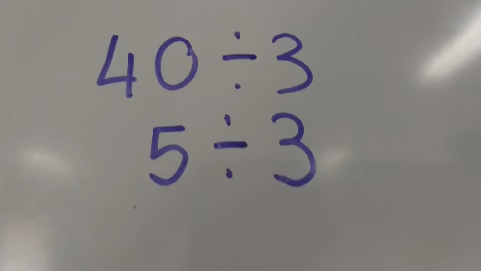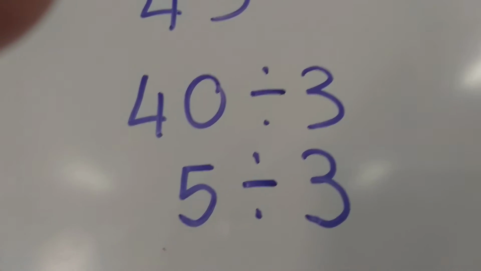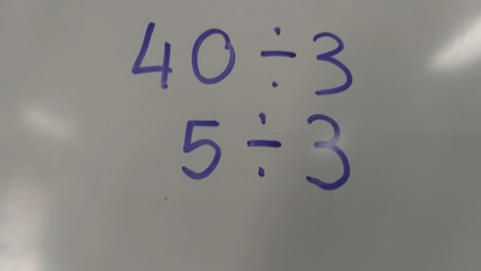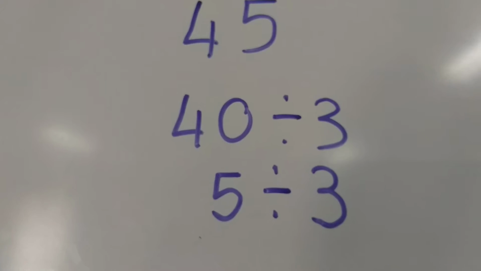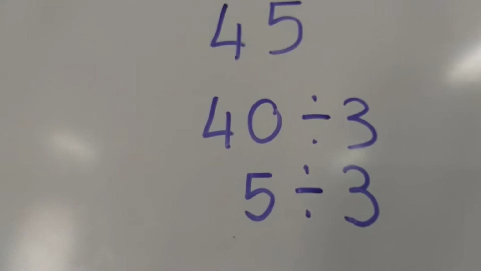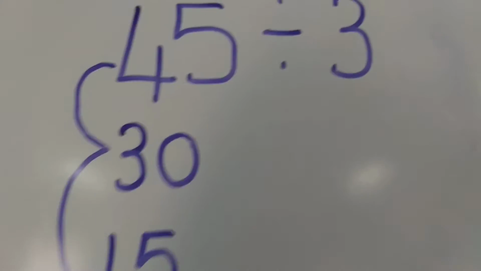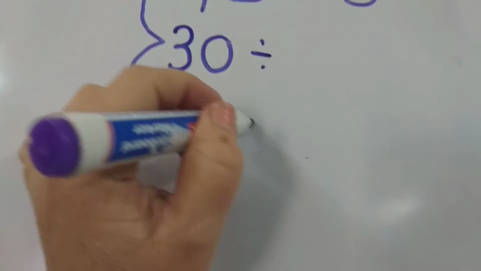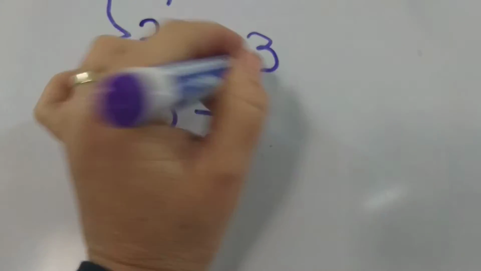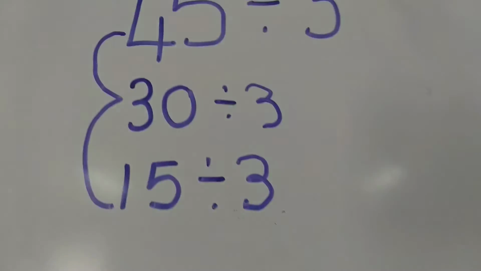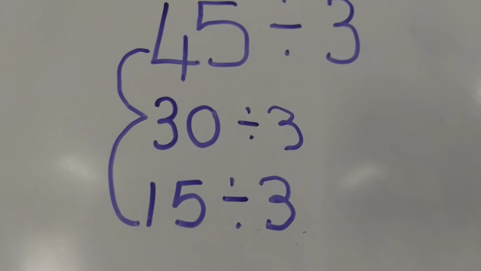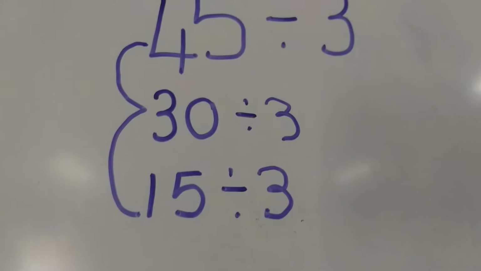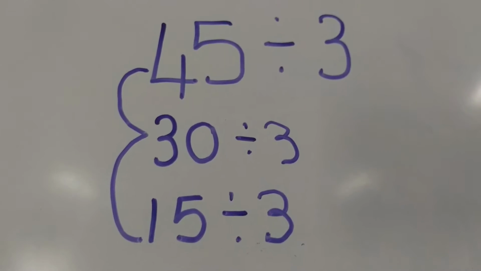For each one of those, there will be a remainder, and it will just make it complicated and it won't work out. So the numbers that we choose have to be numbers that we can divide by 3. Both 30 and 15 we can divide by 3, and we'll get an answer with no remainder. It'll divide perfectly, in other words.